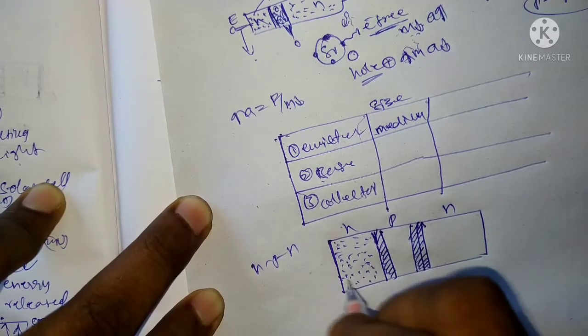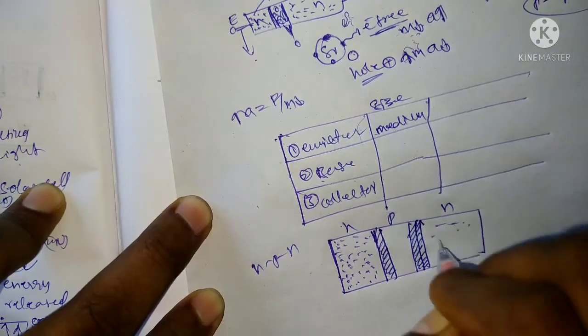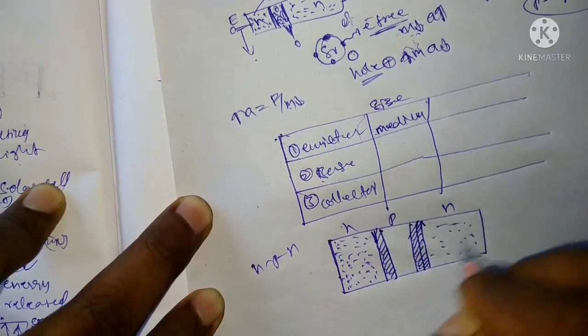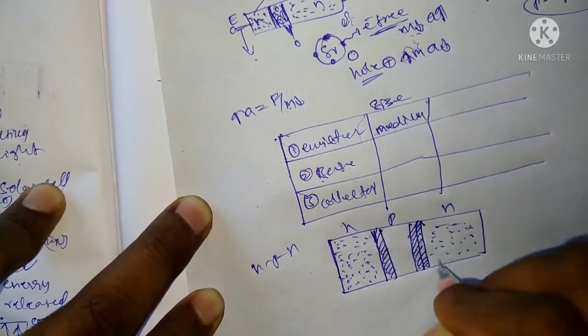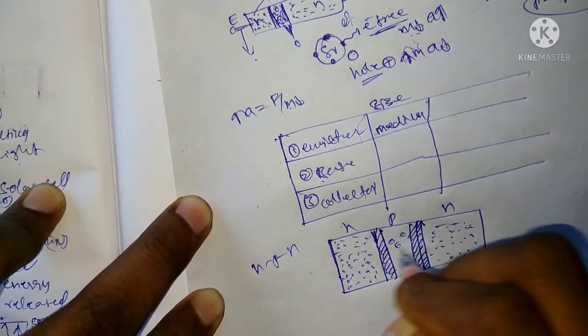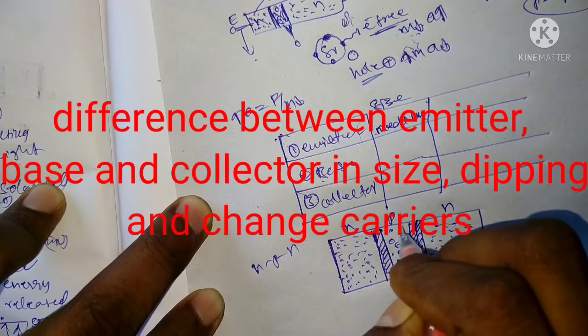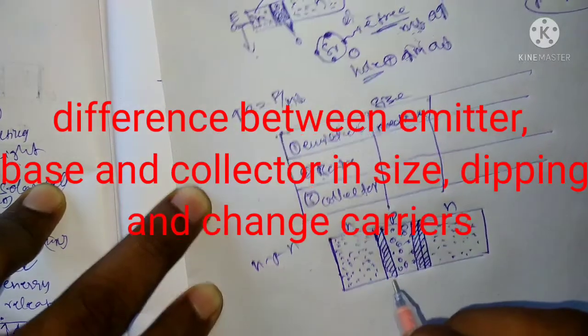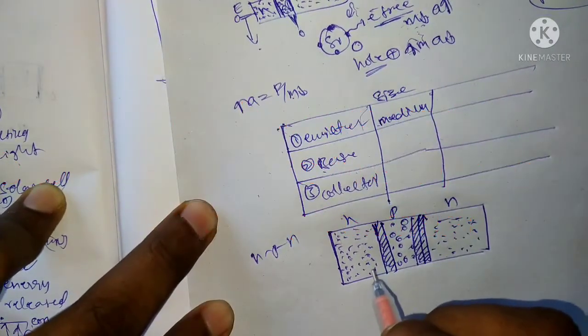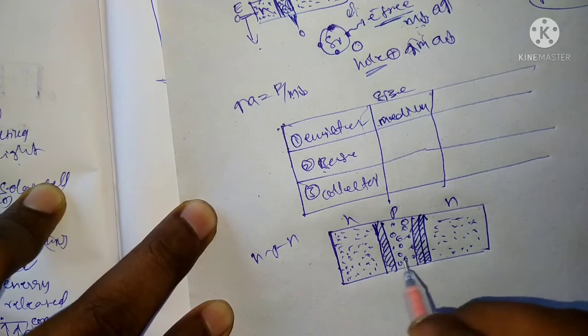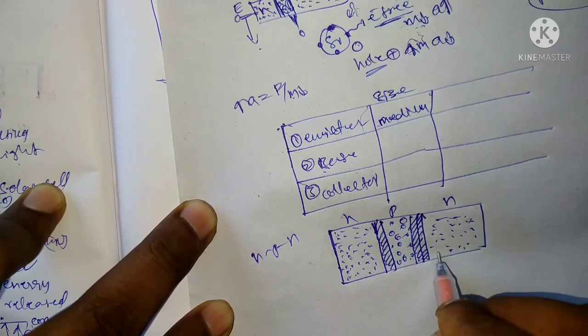Here the majority charge carriers are electrons. The emitter has medium size, above the base and below the collector.